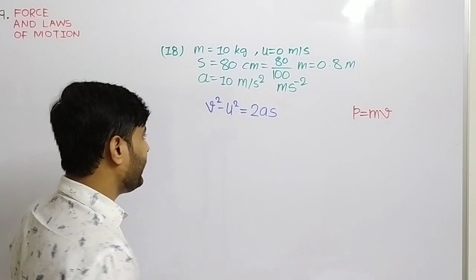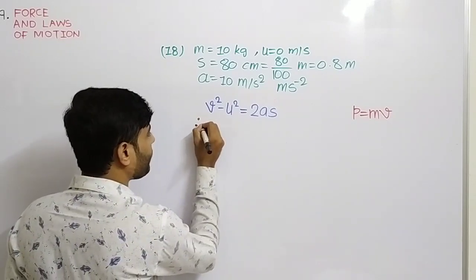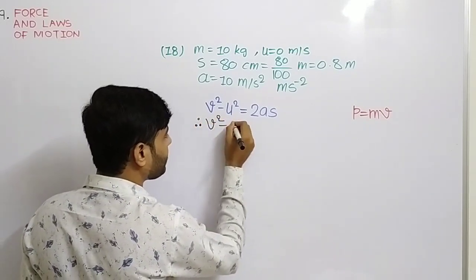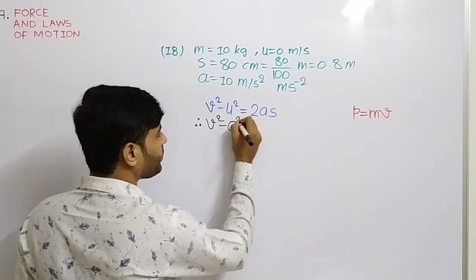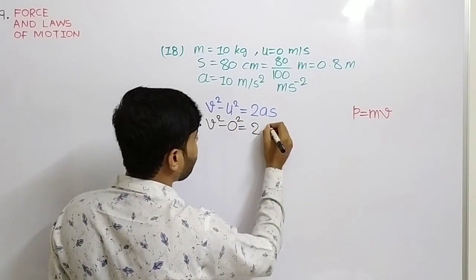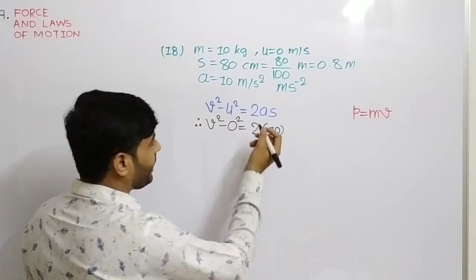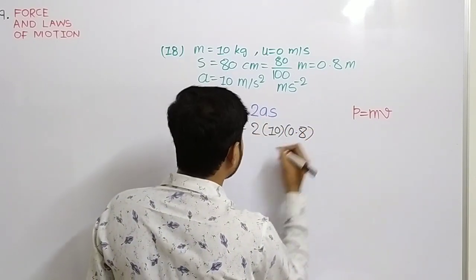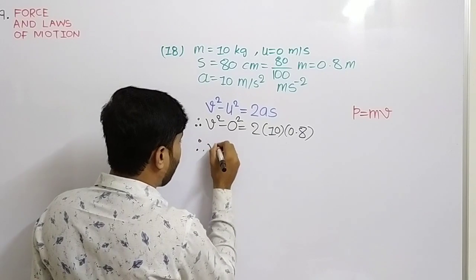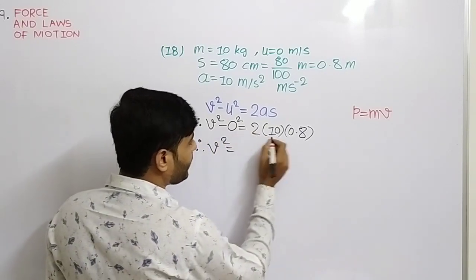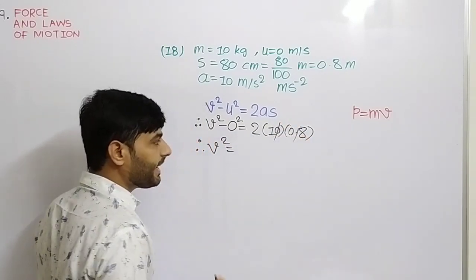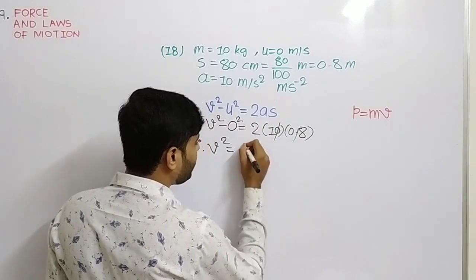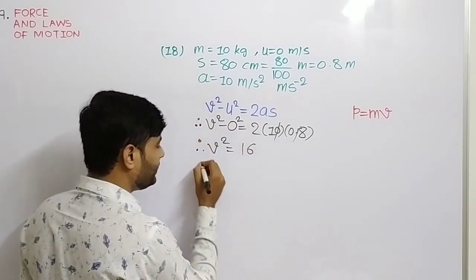Quickly put the data here. We have v that we have to find. So v square minus u square, u is 0, is equal to 2 times a, which is 10, and the distance, that is 0.8. Therefore, v square is equal to 10, and the decimal point will be cancelled, so I have 8 into 2, that is 16.